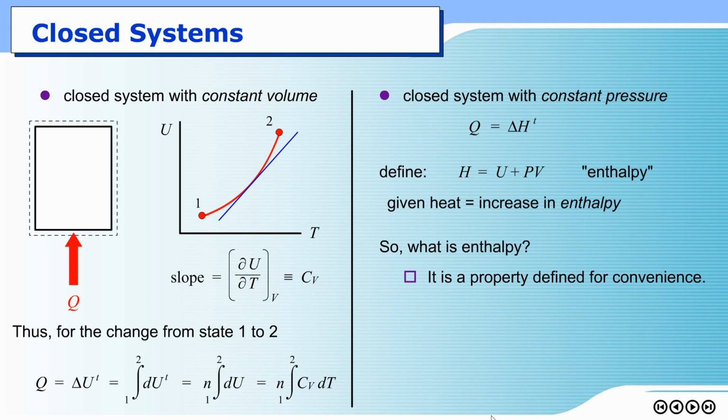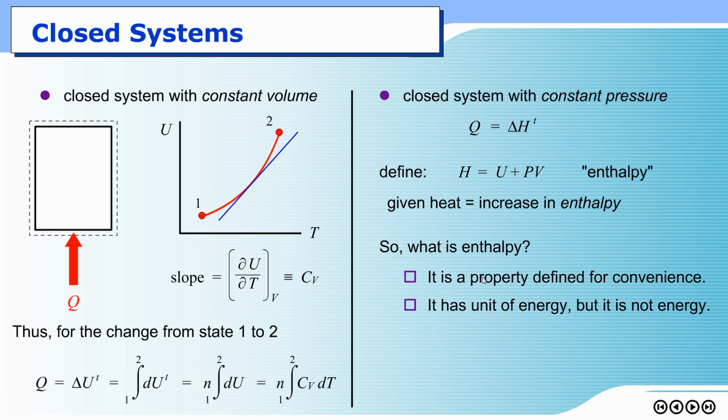The first one is that we can get this equation for a closed system with constant pressure, and we can say that the amount of heat supplied to such a system would equal delta H. Okay, in a similar manner to the system with constant volume, where the amount of heat given to the constant volume system would equal delta U. We would like to get the same form for a system with constant pressure. Another advantage of enthalpy will be shown to you when we talk about open systems.